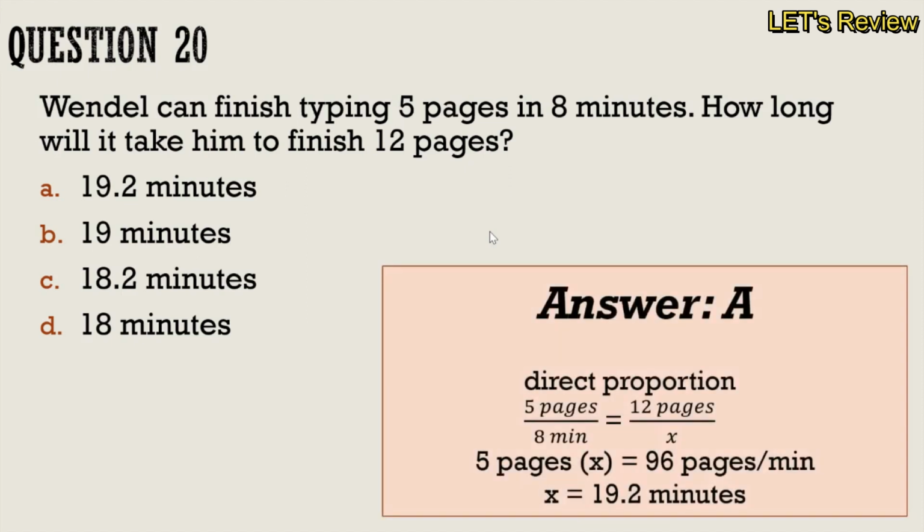The answer is A. We use direct proportion in this problem. So 5 pages over 8 minutes is equal to 12 pages over x. Cross multiplication, so we have 5x is equal to 96. And we have x is equal to 19.2 minutes.